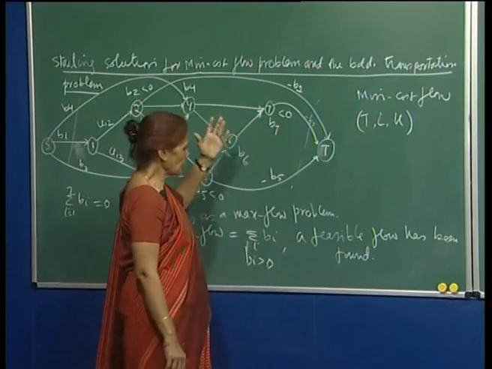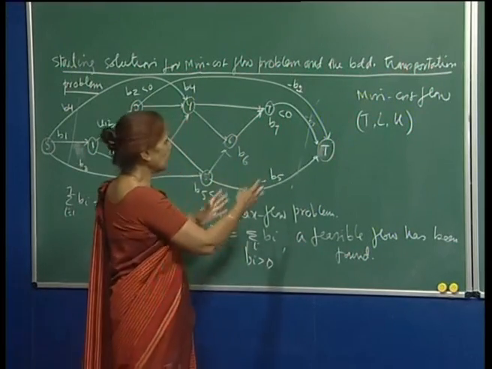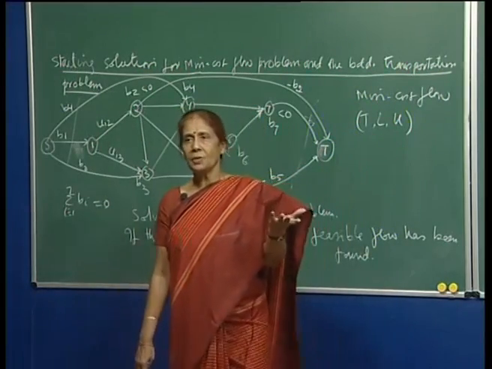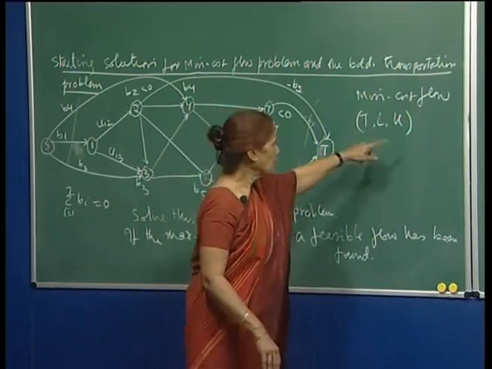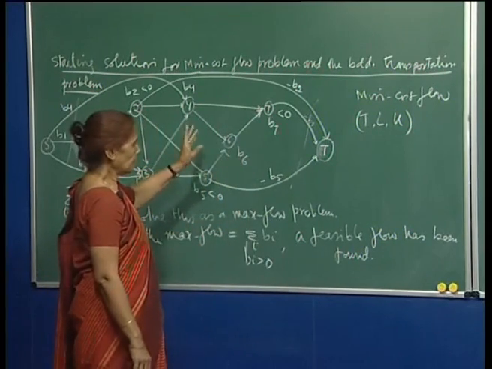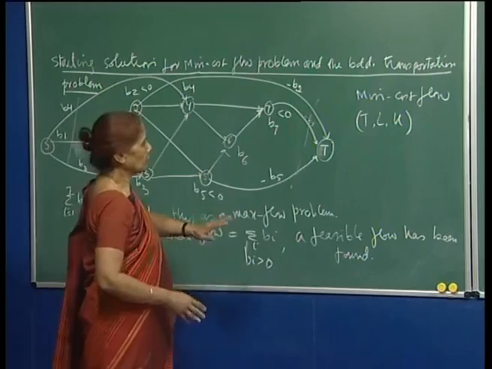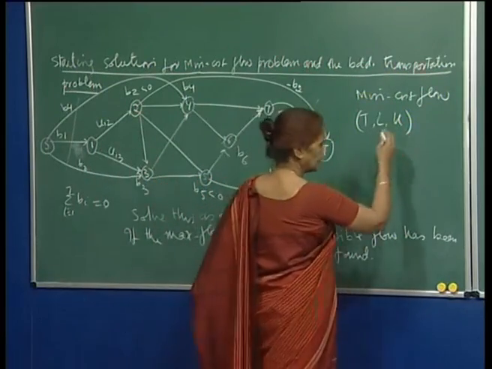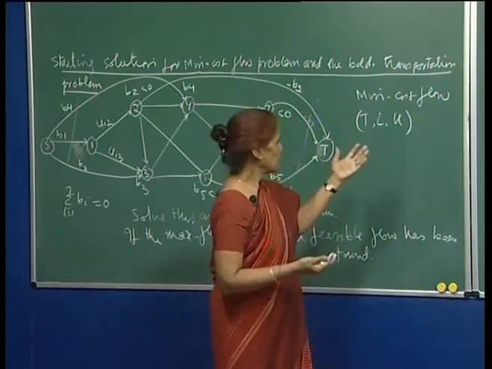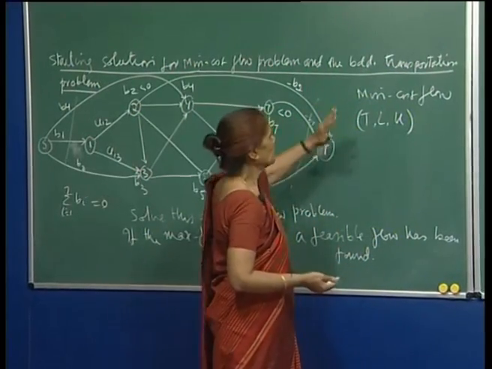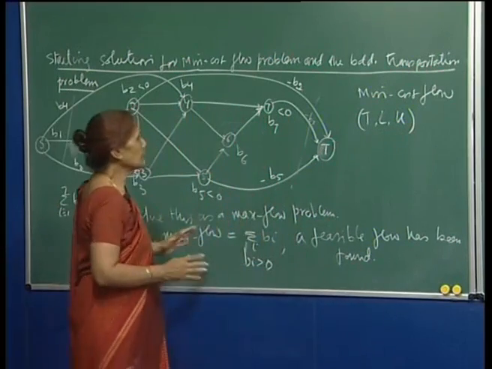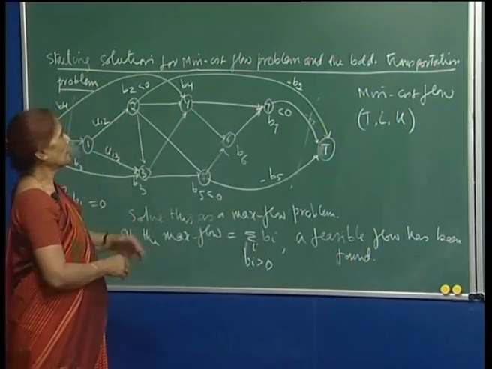It is not necessary that when you solve the max flow problem you will get it in this form, but you know how to reduce any feasible flow to this form: if you have flow along cycles, you can drop one of the arcs. So, we know enough of the network simplex algorithm to be able to reduce a feasible flow to this form.